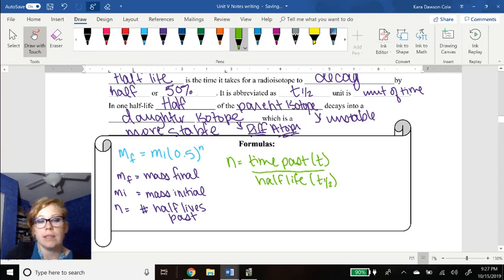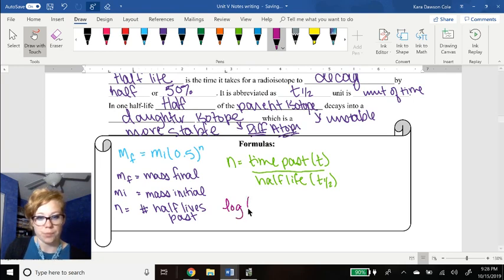Now, there is another equation you might have to use if you don't have a perfect half-life. If I'm using this equation to solve for n, I take the log of the mass final divided by the mass initial, and that's equal to n, which is what I'm looking for, times the log of 0.5.